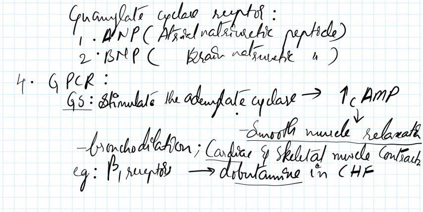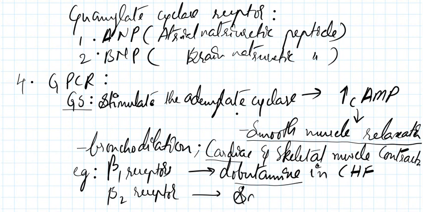Now beta 2 receptors are also Gs type of receptors. Where in the body will we see beta 2? In lungs. If these beta 2 receptors are stimulated, what does it lead to? Bronchodilation. Previously we studied that Gs receptors when initiated cause bronchodilation.